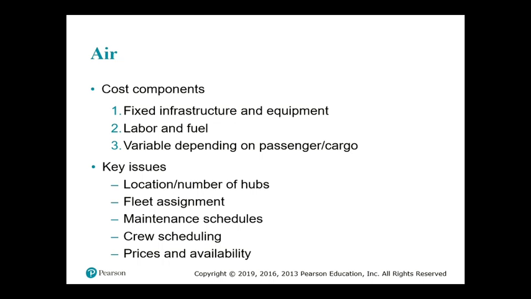How do we assign the current number of planes we have to different flights from various locations to various locations? And then we have maintenance schedules. This is how we schedule maintenance and crew labor to maintain the fleet we own. Similarly, there are also scheduling issues related to scheduling crews to serve on each flight.